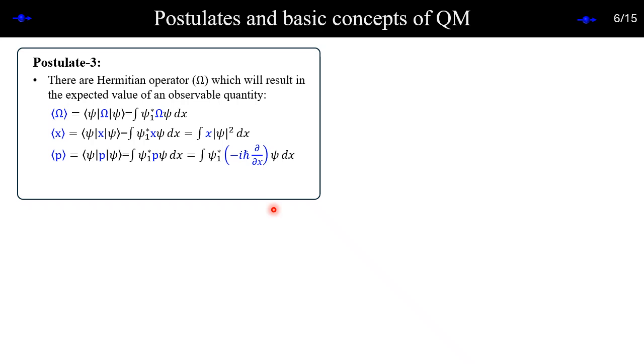And all these coefficients relate to the probability of occurrence. That means if you do one measurement, then you will certainly measure one of these eigenvalues of this operator, with the corresponding probability.